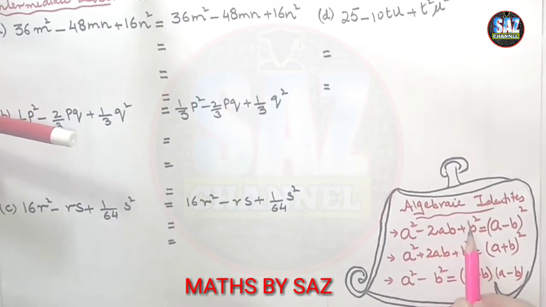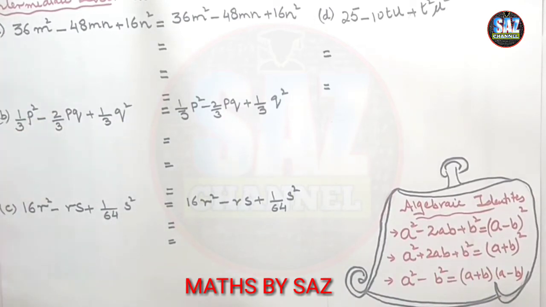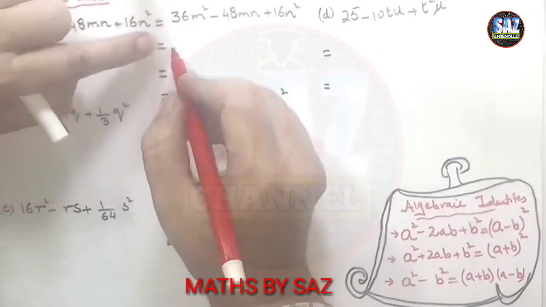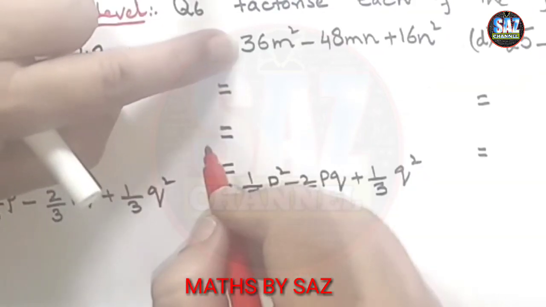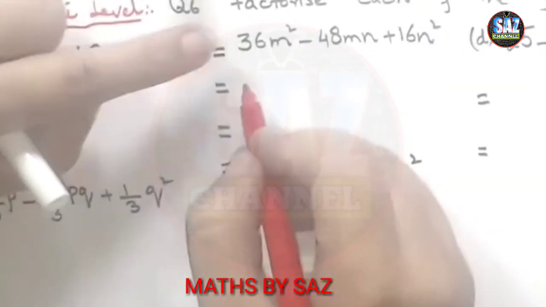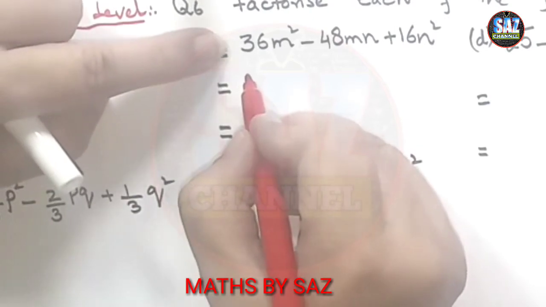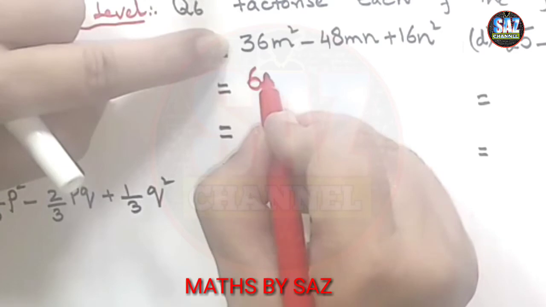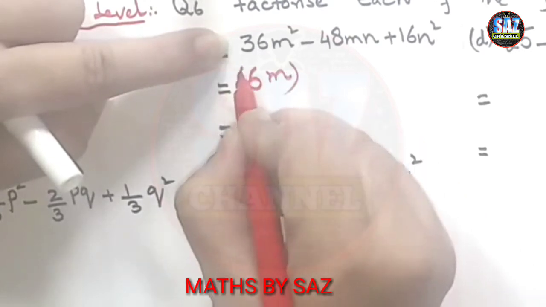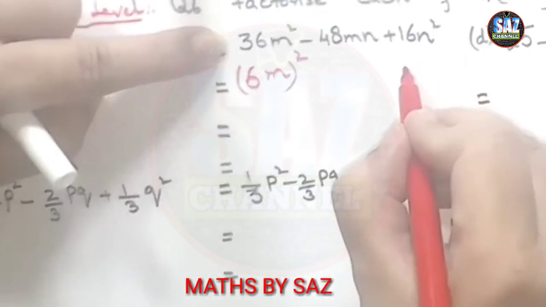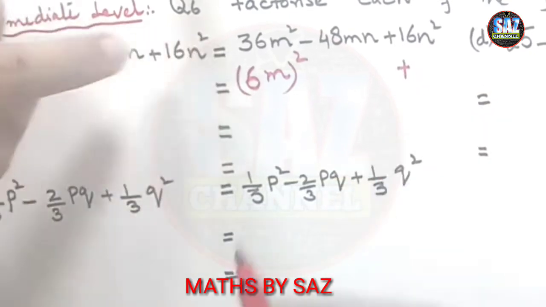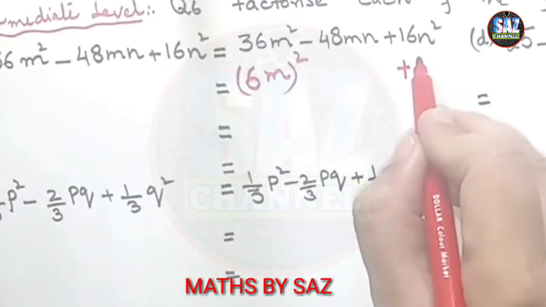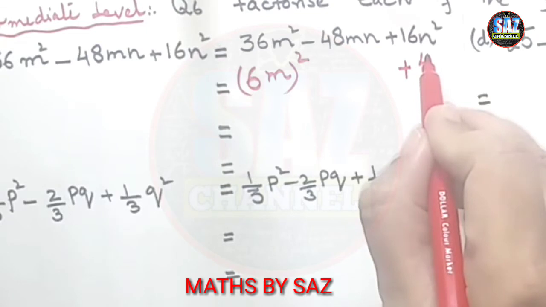So according to that, I have to express this 36m square in form of a whole square. Think about the number whose square is 36: 6m whole square. Coming to the last part, plus 16n square. What is the number whose square is 16?